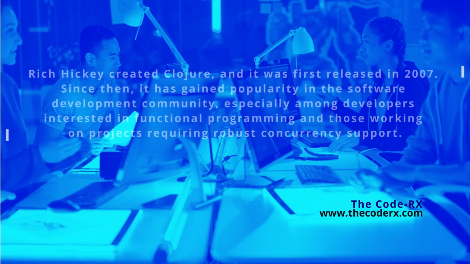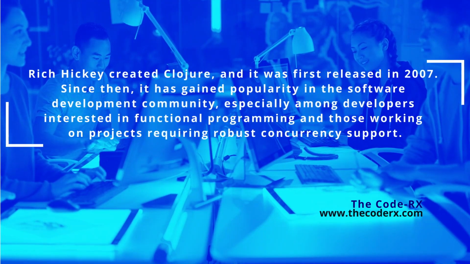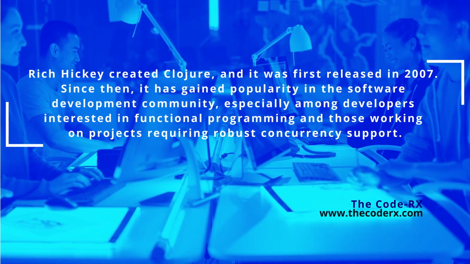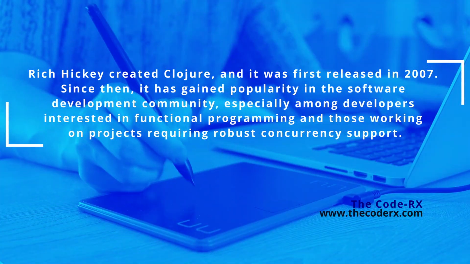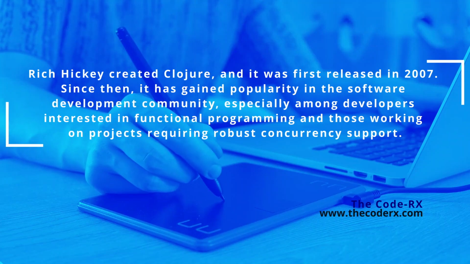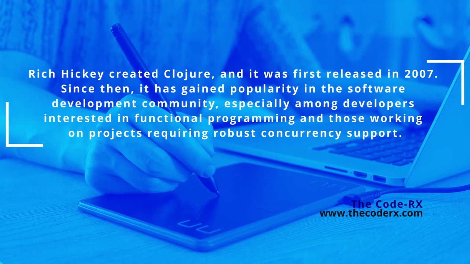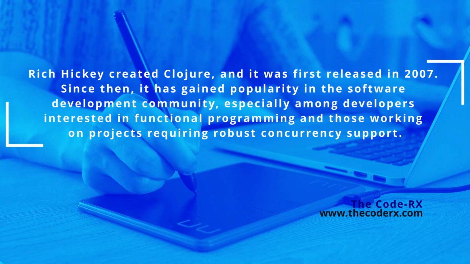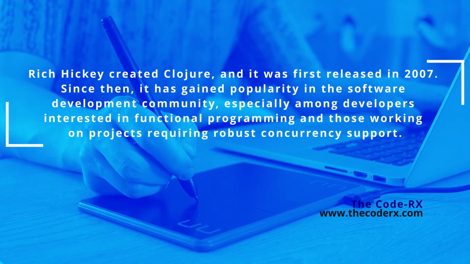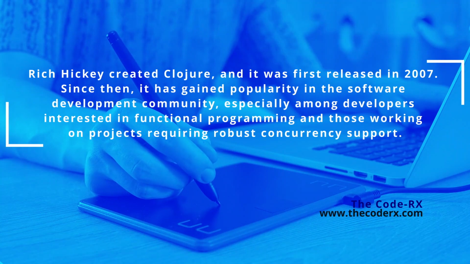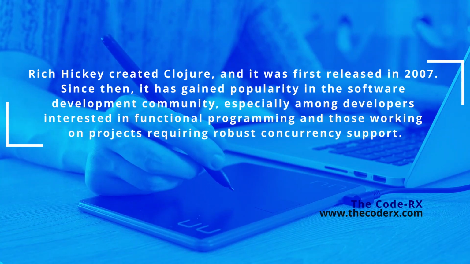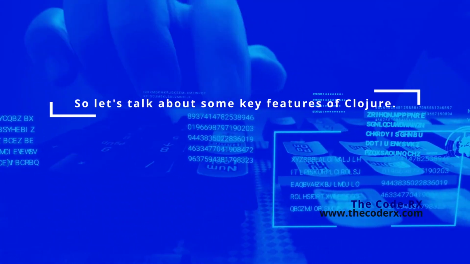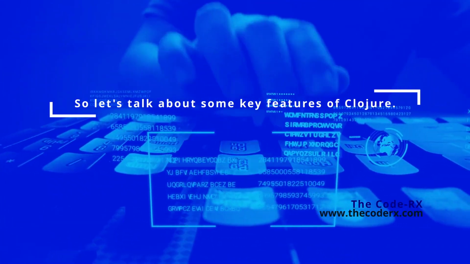Now, Rich Hickey created Clojure, and it was first released in 2007, but since then it's gained popularity in the software development community, especially among developers interested in functional programming and for those working on projects requiring robust concurrency support.